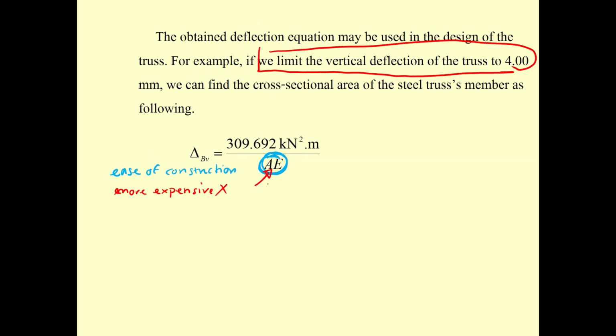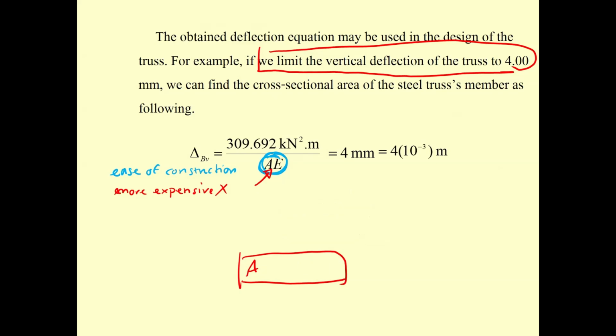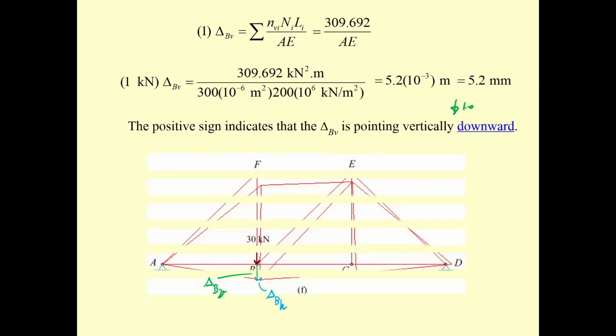Just take this to be 4 millimeter and compute for A. A is going to be bigger. Now every member must have at least 384.1 square millimeter. That's bigger than the previous one that specified only 300.